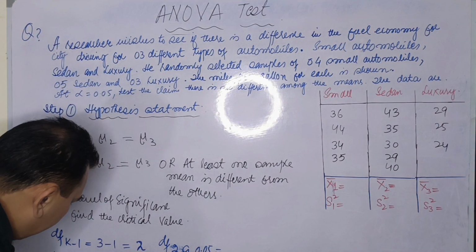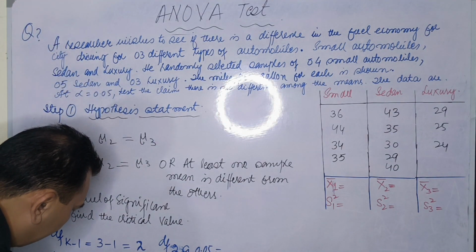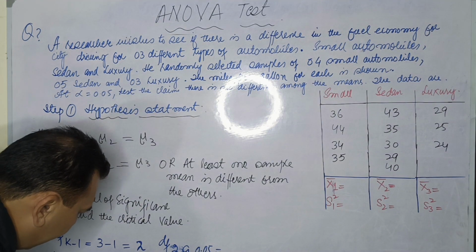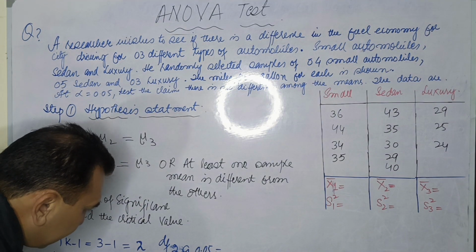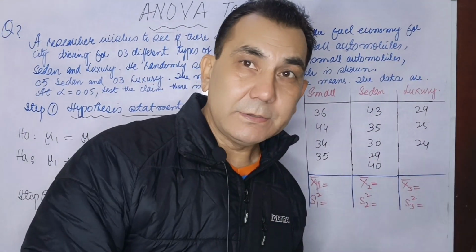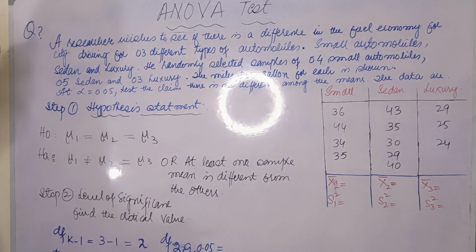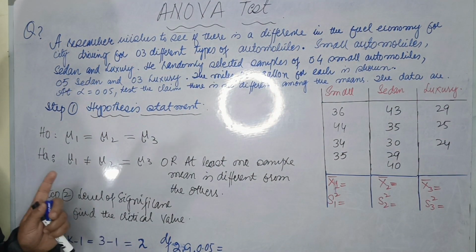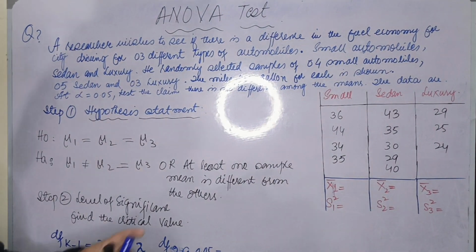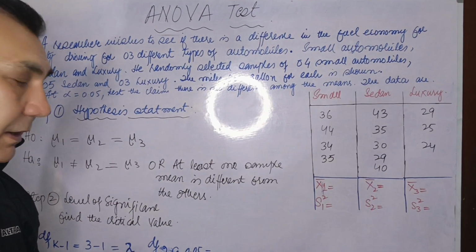Now 4.26 is the F tabulated value. Just keep in mind, the F tabulated value at 0.05 at degrees of freedom 2 and 9 is 4.26. That is the critical value for this question.